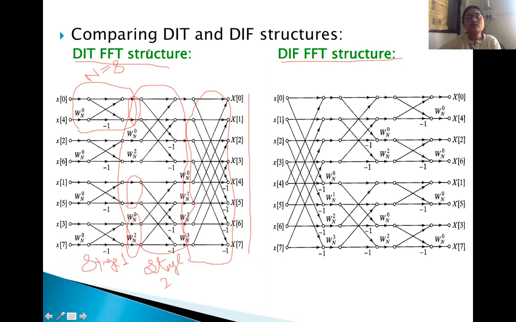And if we take the transpose of the DIT algorithm, we will get the DIF algorithm. In the DIF algorithm, the input is in sequential order, and the output of the first stage, these 4 points, are even points. The output of the second half is of odd points.